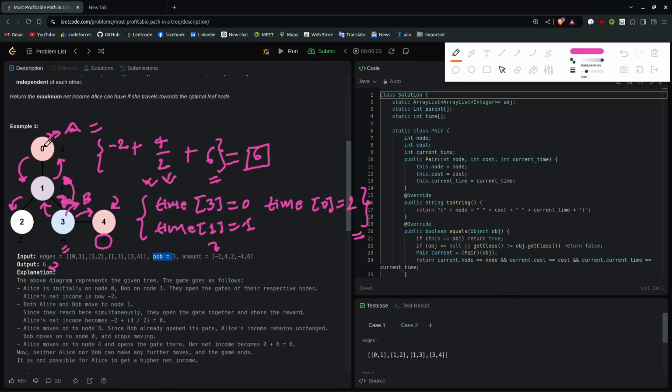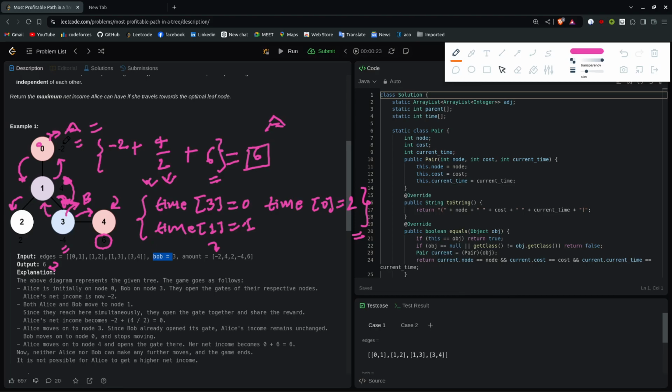Let's say we are at some particular node, and if the time for Bob to reach that node is greater than the time for Alice, that means Alice can reach node 0 in 0 time, right? But in the case of Bob, we have computed that the time to reach node 0 is 2, so that is greater. That means Alice will be the one reaching that node first.